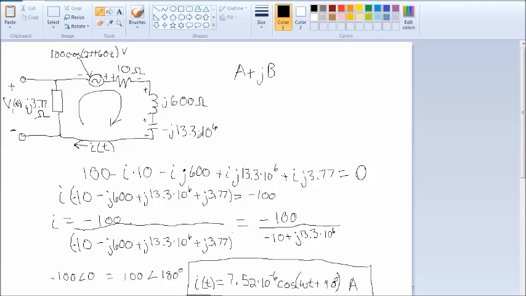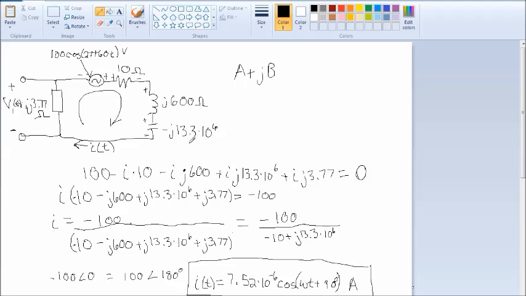So if you have a purely capacitive load, then your current is going to lead your voltage by 90 degrees. Now remember, I made some approximations here because I didn't want to round to the 4th decimal place.